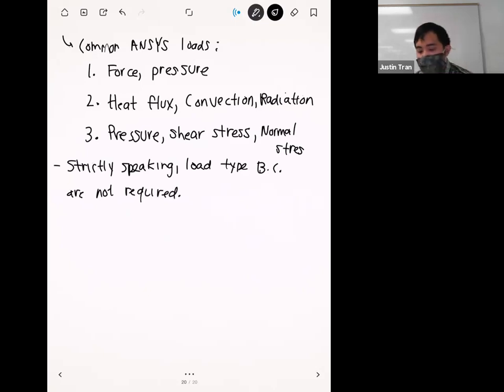You can get a full finite element simulation just from constraint type boundary conditions.